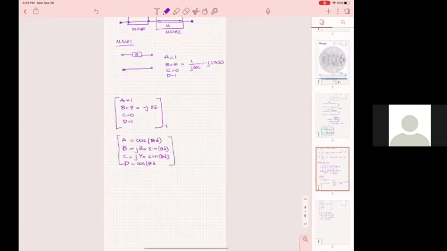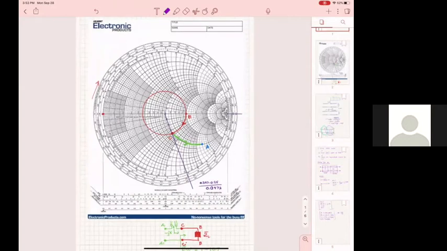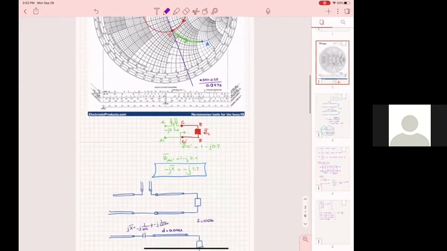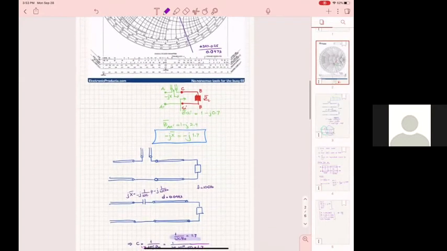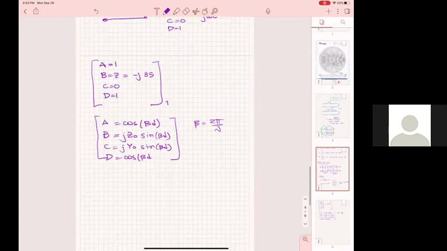And since you know your frequency, how much is beta? 2 pi over lambda. You know your D, which is in lambda. And how are we going to find D? D is the distance. We found it is 0.094 lambda.